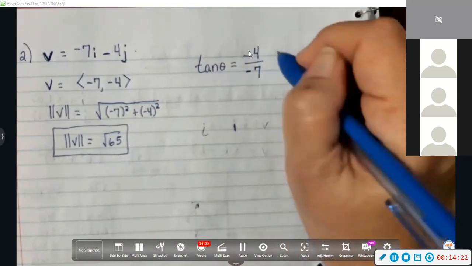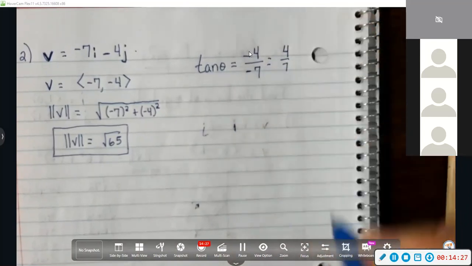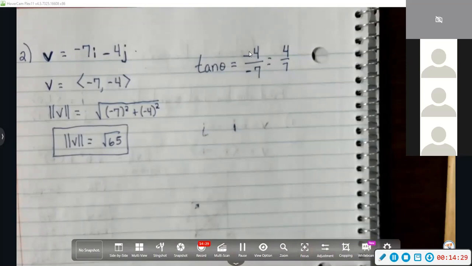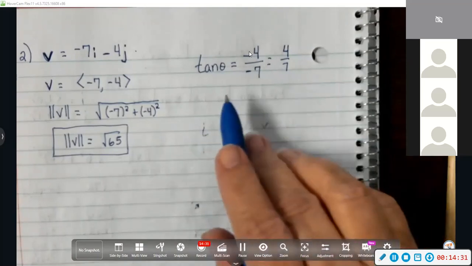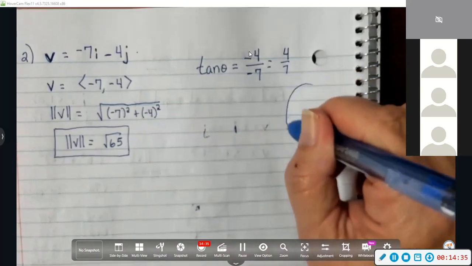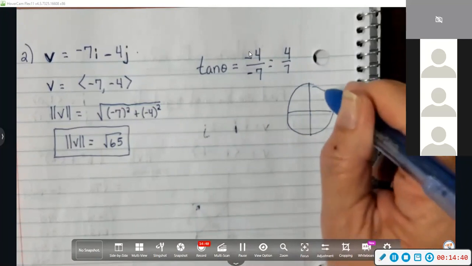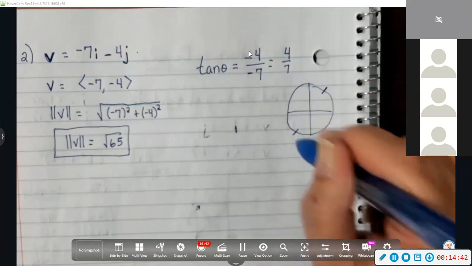Now a negative divided by a negative is a positive. So that's going to be 4/7. So if the tangent of theta is positive, we must be in quadrant 1 or quadrant 3.